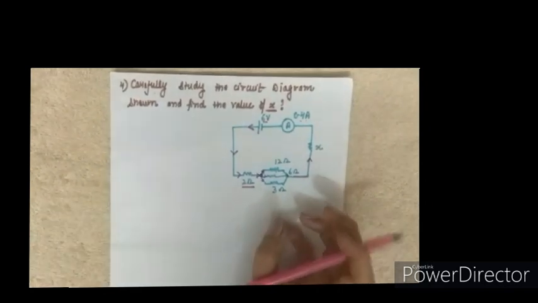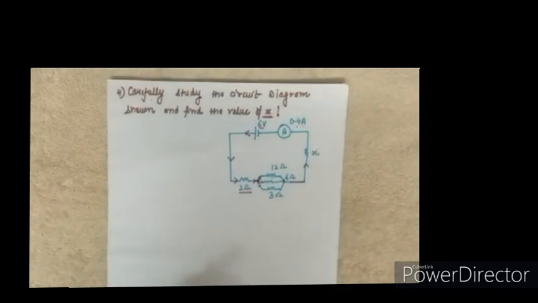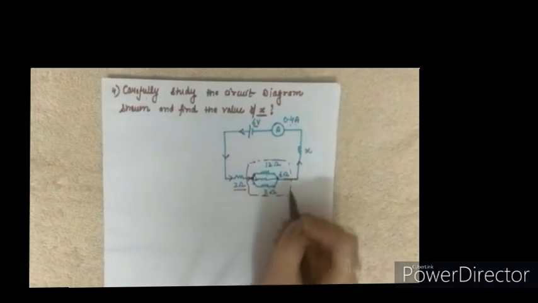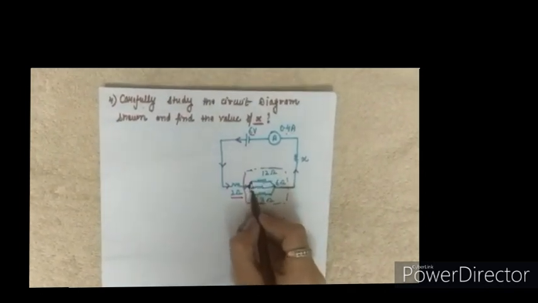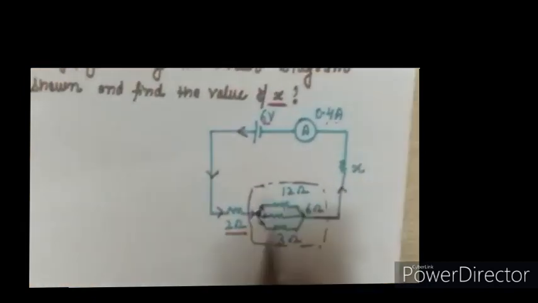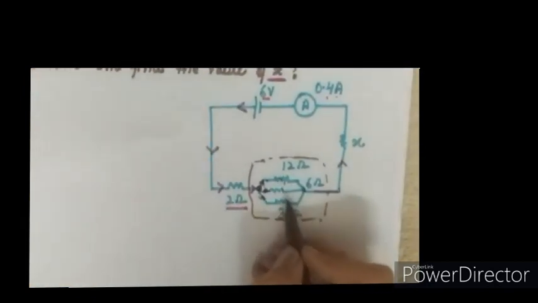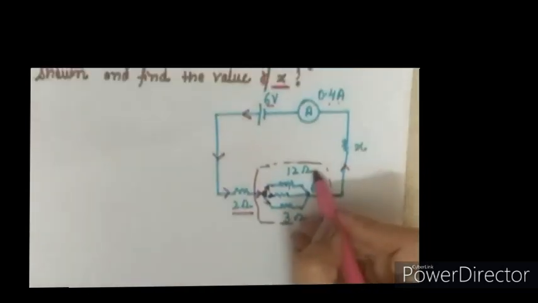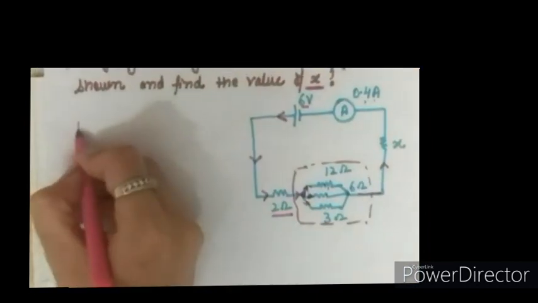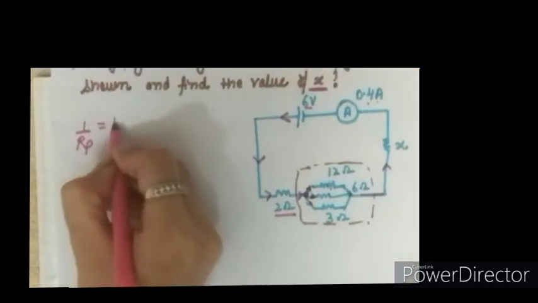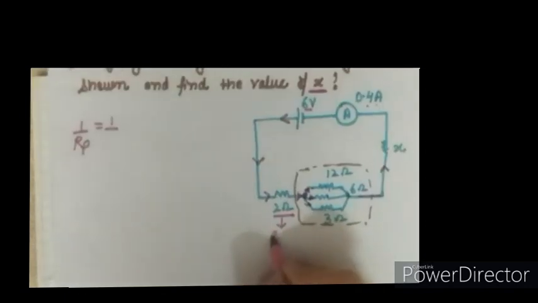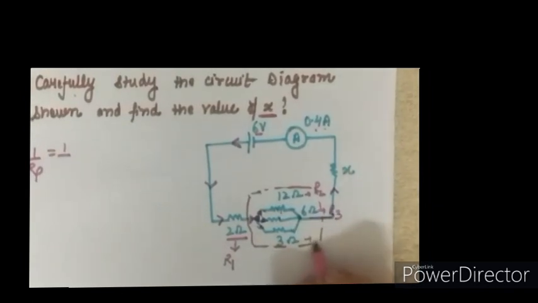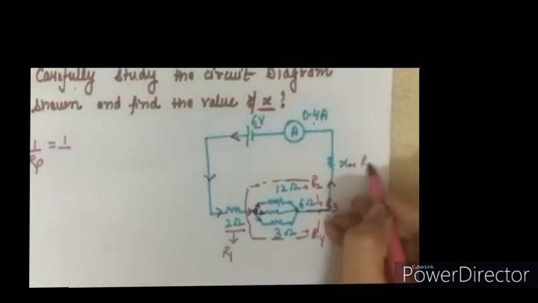Now let's solve it one by one. First of all, we will solve this portion. As the current divides into 3 parts, it means the resistors are connected in parallel. So the net resistance across these 3 resistors is 1 upon Rp is equal to, let this resistance be R1, this be R2, R3, R4 and R5.